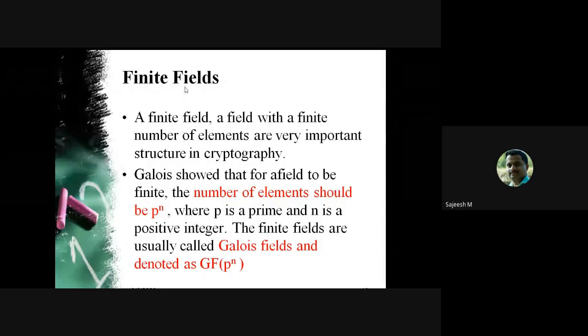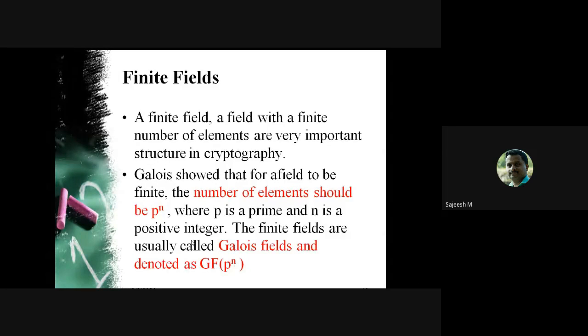Finite fields. A finite field means a field with a finite number of elements. Otherwise, it is an infinite field. We can have different infinite fields also. A finite field, a field with a finite number of elements, is a very important algebraic structure in cryptography. The scientist Galois showed that for a field to be finite, the number of elements should be p raised to n, where p is a prime and n is a positive integer.